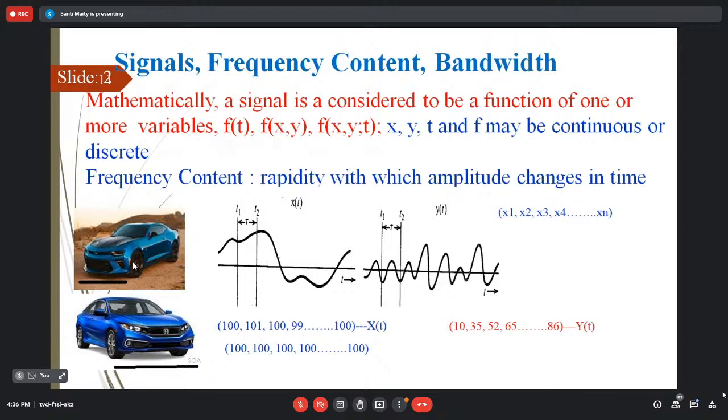Now, what is that bandwidth? As I say, this time variation helps us to think of the rate of change. So in another way, if I consider this is an object and I would like to see this object through a glass, the glass is something through which I see this object.